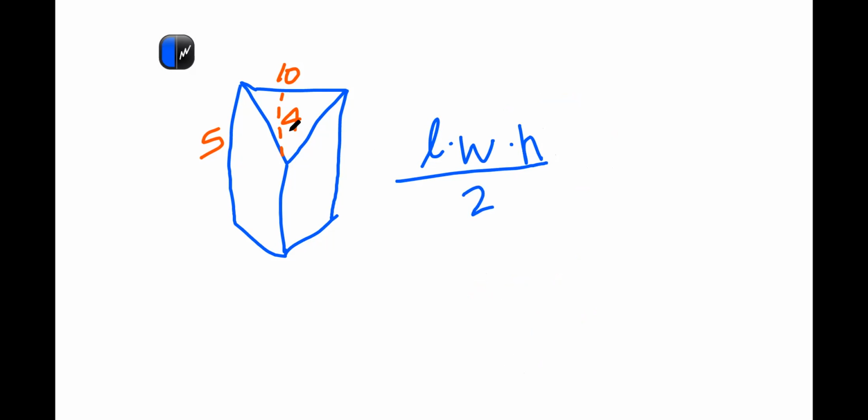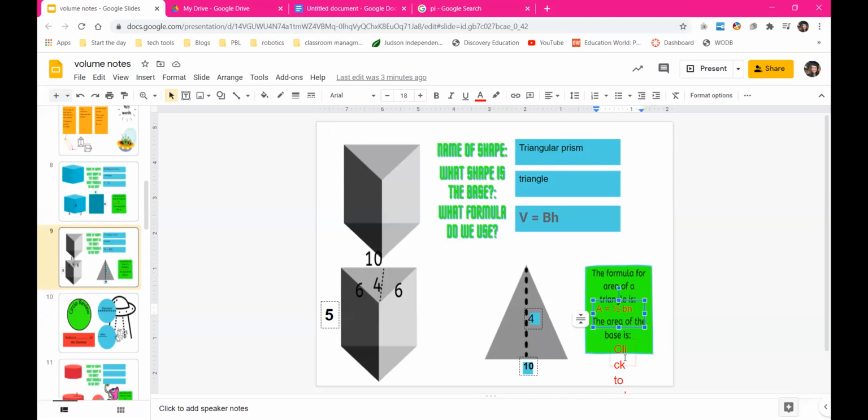So I could do 5 times 4 times 10 divided by 2, and I would get 100 as well. Now, this is not on the formula chart. It's just something you got to know. I'm going to call it the shortcut method or the 5th grade method. If you hear me say that in class, that's what I mean. Okay. Going to our notes, the area of our base was 20, so we fill that in.